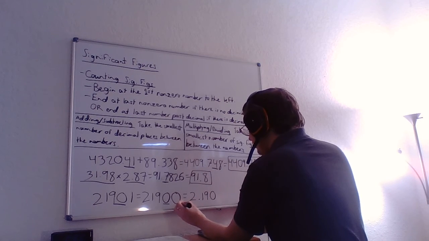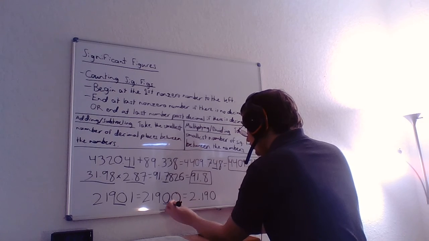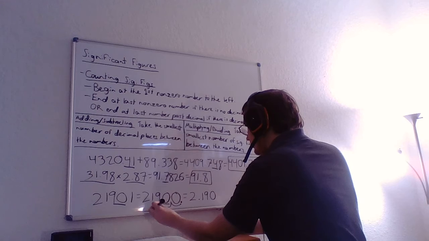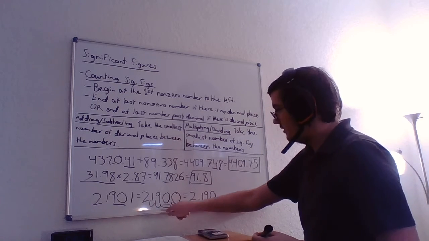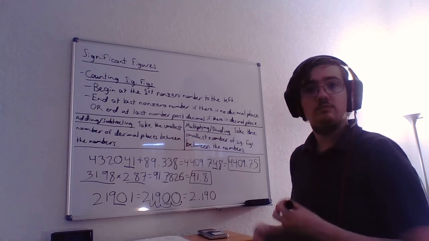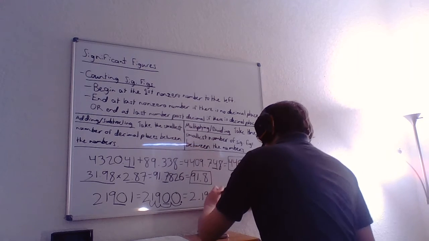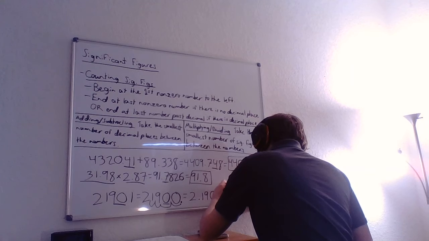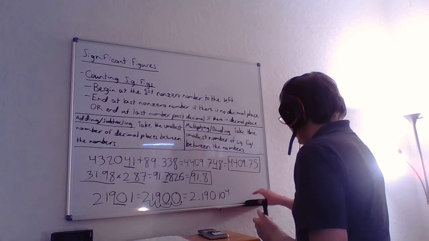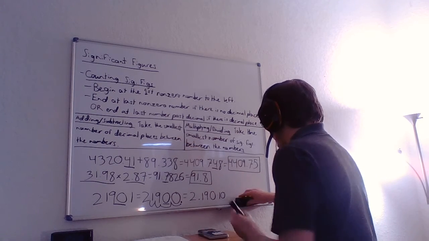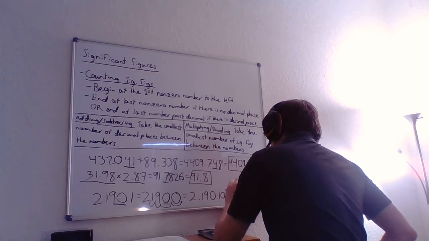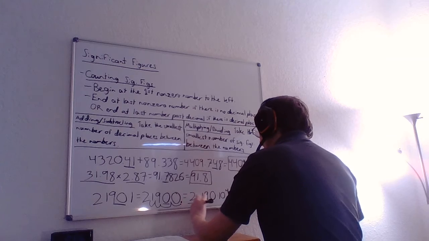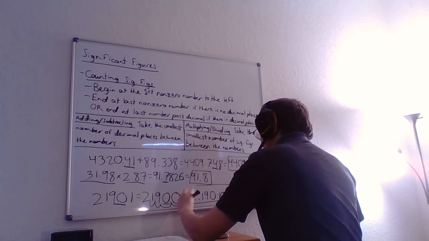So we think of how many decimal places we had to move in order to get right behind the 2. And then if you count it out, you move 4 times. So what we do is we just write times 10 to the 4th. And then that there would be a better way of writing this number, so that way you can see the number of significant figures.